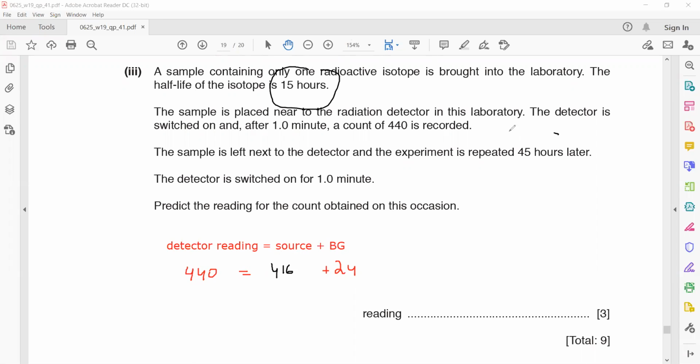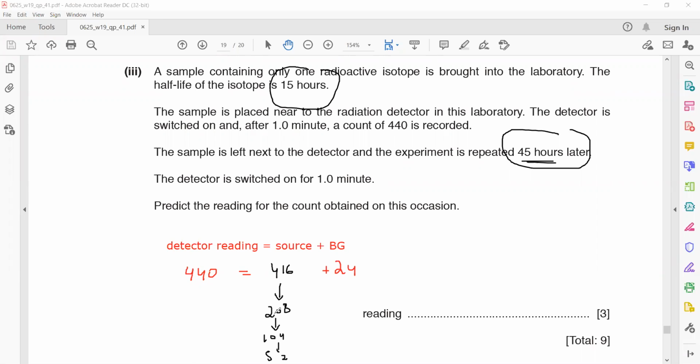We want to find what the detector reading will be after 45 hours, which means after 3 half-lives. After the first half-life, the source radiation will be 208, half of this. Then after another half-life, it will be 104. And after another half-life, it will be 52.